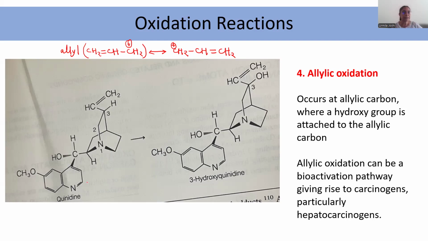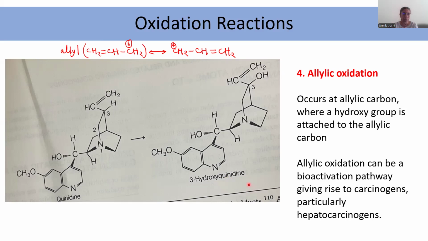Now, look at this. This is quinidine. Now, what happens over here? CH2, CH, and then CH. This is the allyl carbon. This allyl carbon gets hydroxylated by allylic oxidation. So OH comes here. Quinidine therefore gets converted to 3-hydroxyquinidine.